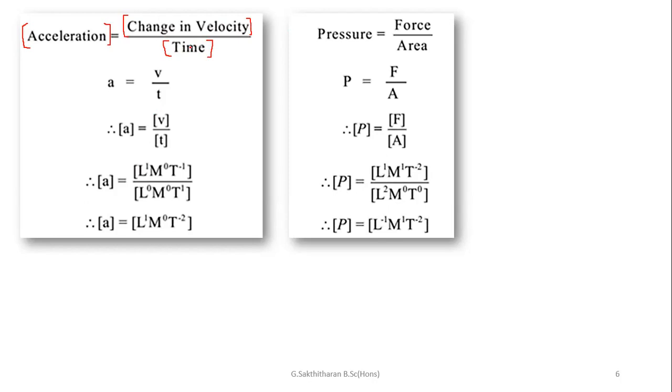Here time is T. So L T minus 1 over T. So this T goes to the upside, so the positive power goes to negative, so L into T minus 2. So the dimension of the acceleration is equal to L T minus 2.